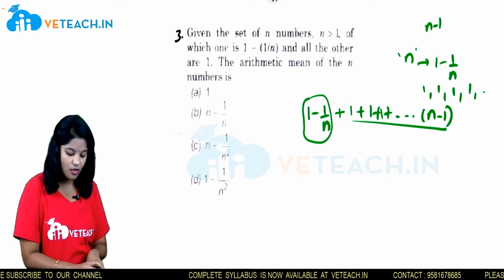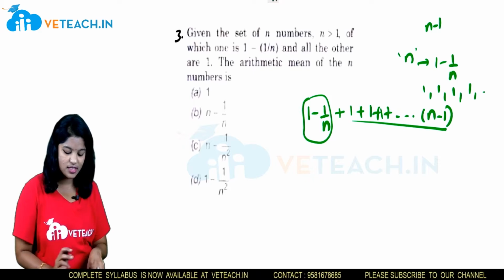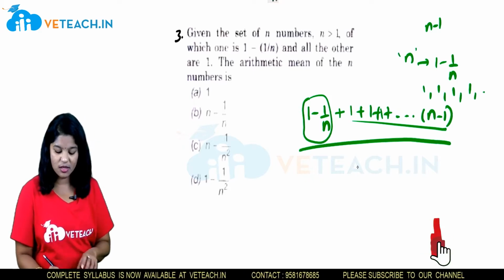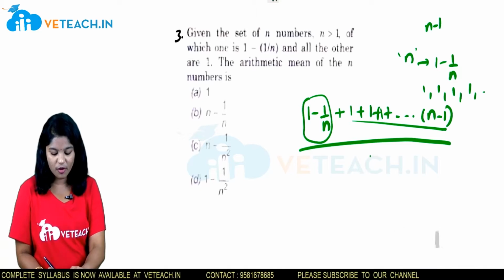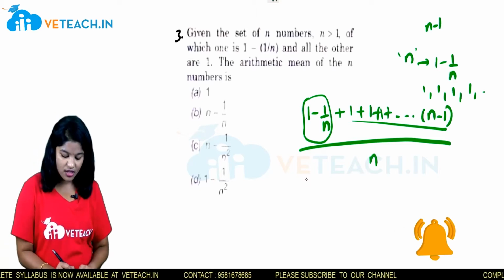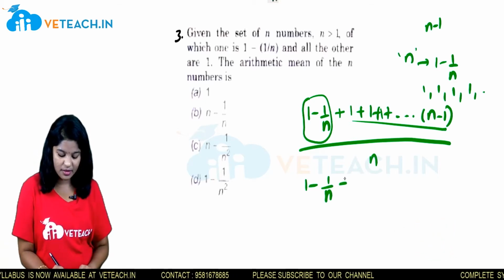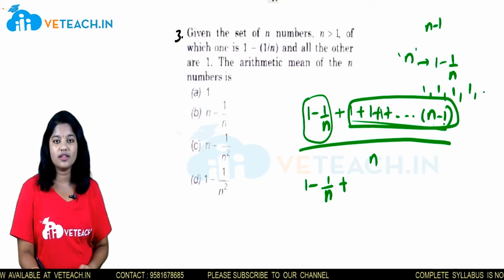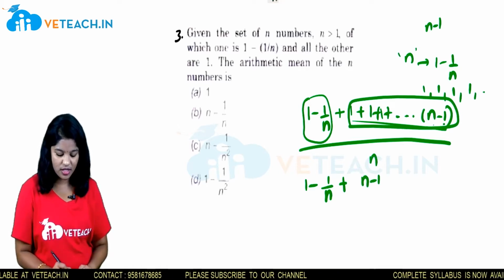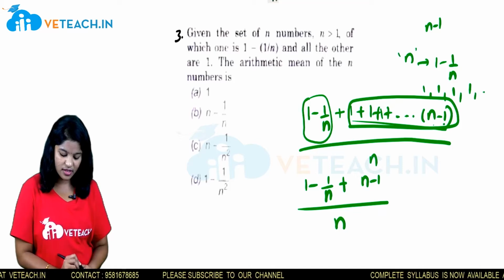Given the arithmetic mean of all the numbers is. Arithmetic mean means simply the sum of numbers divided by the total number of numbers. Here the total number of numbers is n. Now 1 minus 1 by n plus adding all the ones up to n minus 1 times, that is simply n minus 1, divided by n.